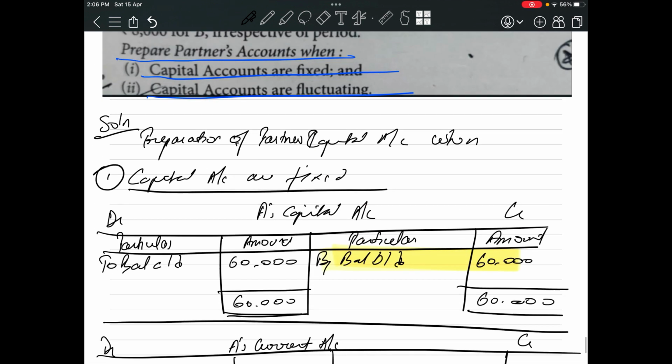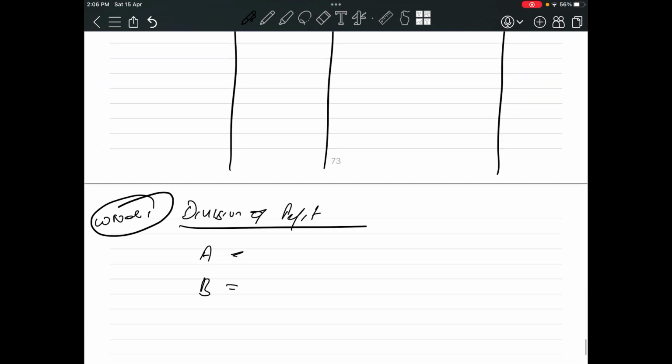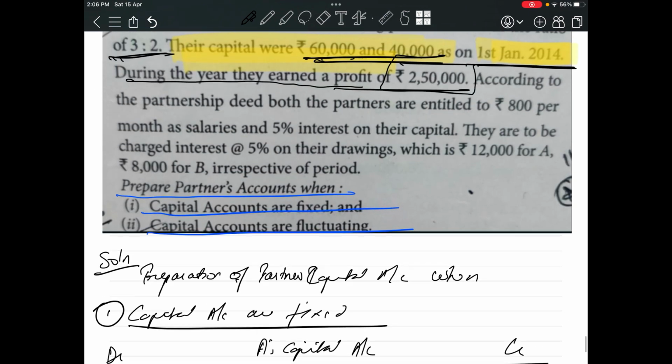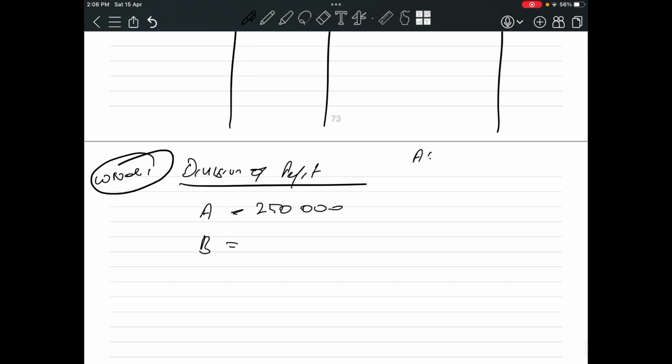What is the amount of the profit? 2,50,000. And the ratio is 3:2. A and B will share the profit in the ratio of 3:2. The total is 3 plus 2, which is 5. So A will get 3 out of 5 and B will get 2 out of 5.